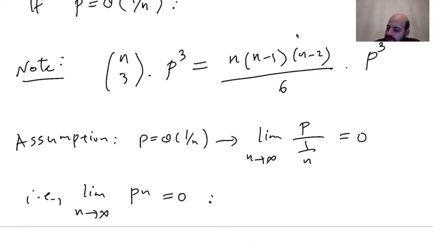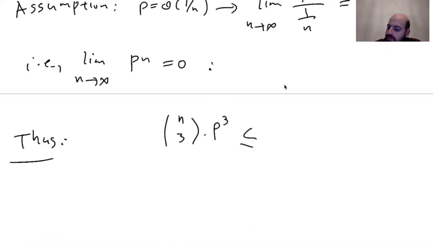This expression is obviously less than or equal to n cubed, since each factor is less than or equal to n, and dividing by something will not make it bigger. So this is less than or equal to n cubed times p cubed, which is (np) to the power 3, and of course bigger than or equal to 0.